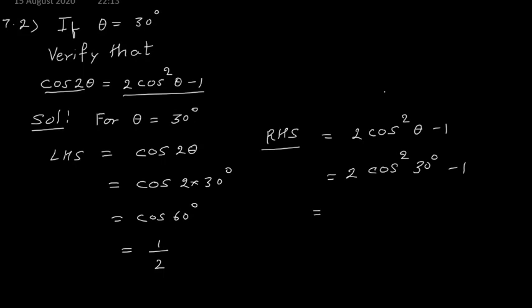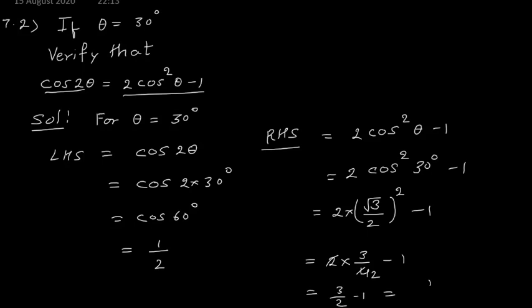This is equal to 2 into, cos 30 degrees is root 3 divided by 2, whole square, minus 1. This will give you the answer as 2 into 3 upon 4 minus 1. 2 ones are 2, 2 twos are 4. So 3 upon 2 minus 1, which is equal to 1 upon 2.